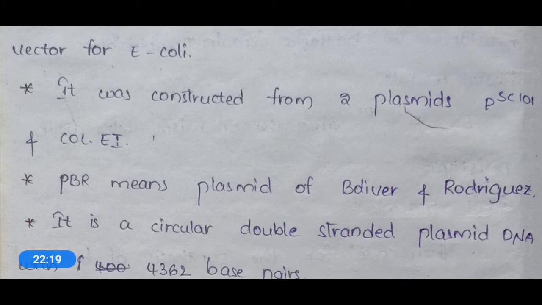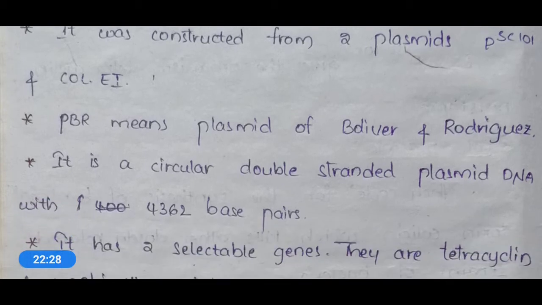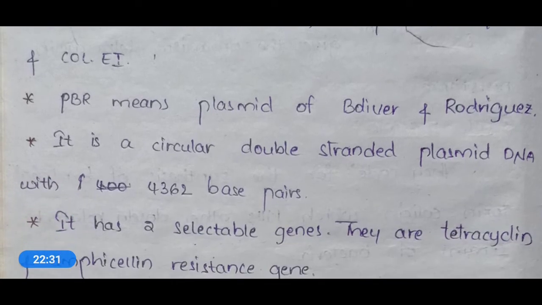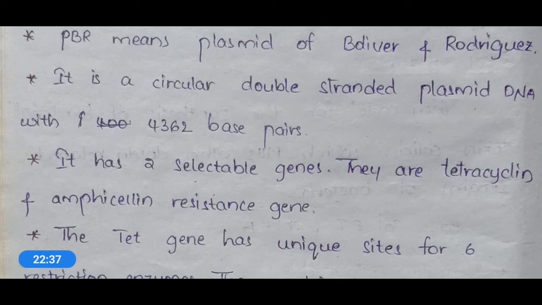These are the two scientists who developed this pBR with the help of pSC101 and ColE1. And also it is a circular double stranded plasmid DNA with 4362 base pairs. And it has two selectable genes which show resistance towards tetracycline and ampicillin antibiotics.